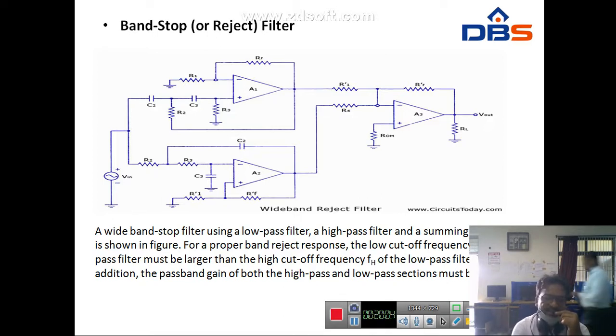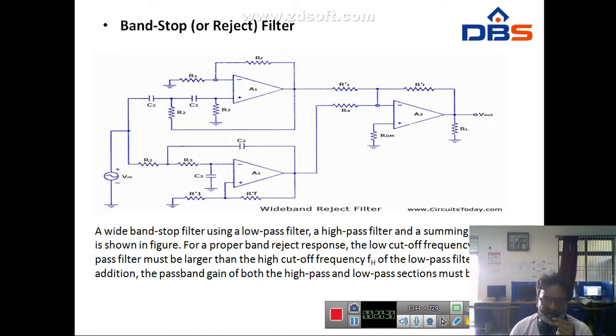In addition, the passband gain of both the high pass and low pass sections must be equal. And this is the frequency response of the stop band filter.